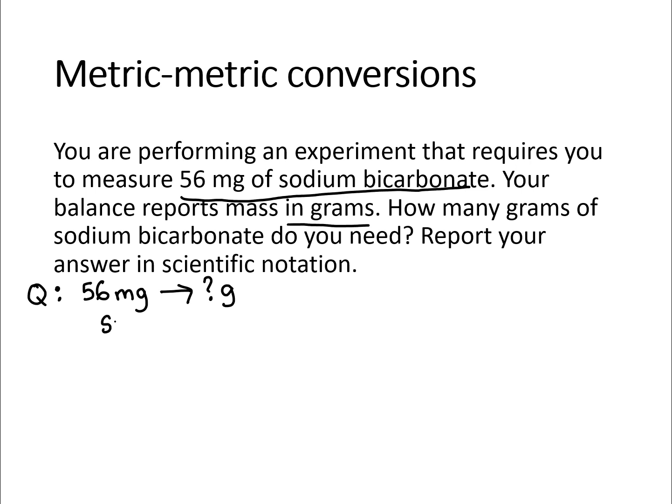So we're going from small to big. Do we expect our answer to be bigger than 1 or smaller than 1? So the number of grams, right, it should be smaller. So that means that we should have a negative exponent. Now we're ready to write a unit equation.